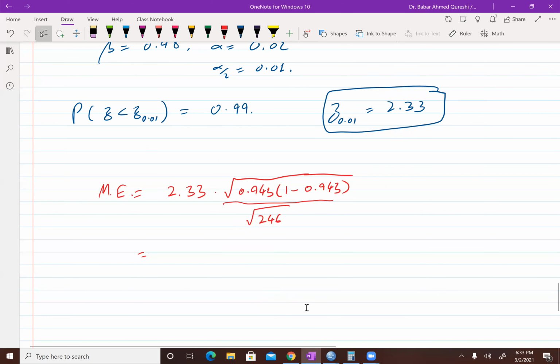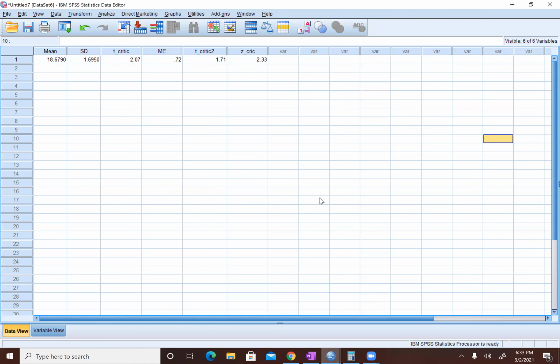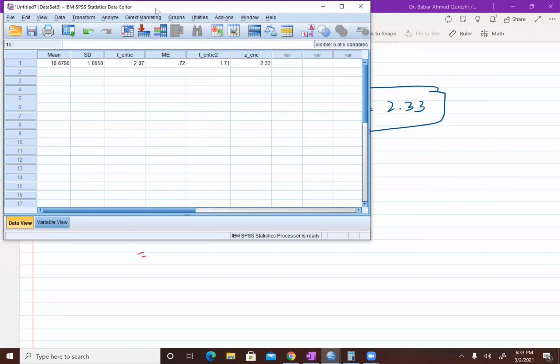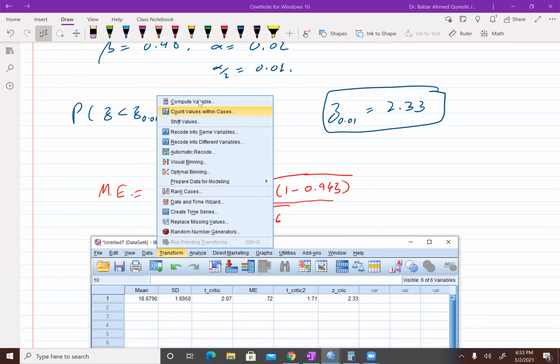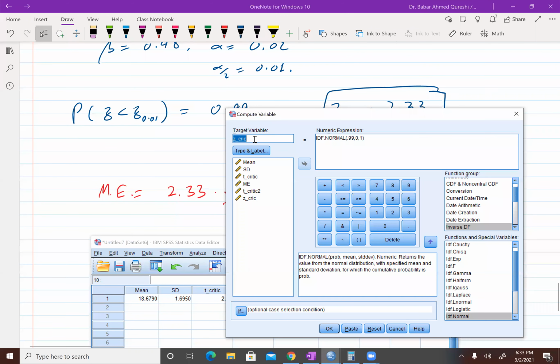I can do it on the calculator, but let's do it just on SPSS. It would be slightly easier. So transform, compute variable. Let's call it margin of error 2.